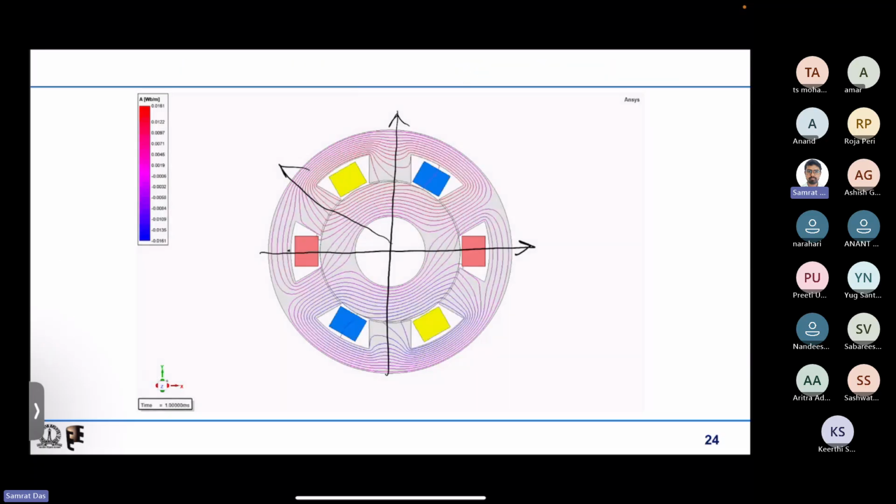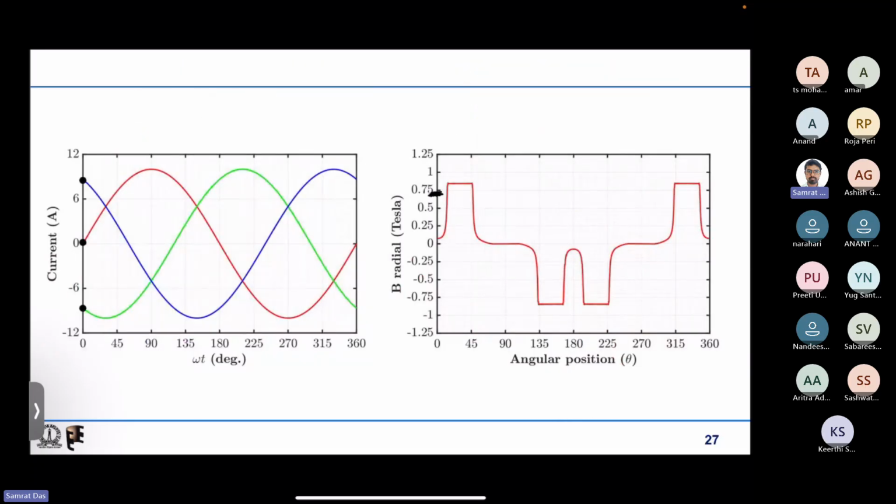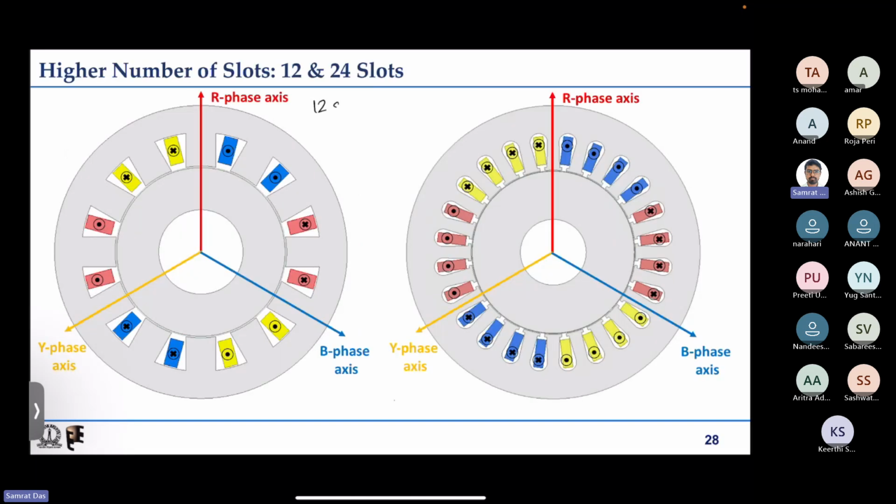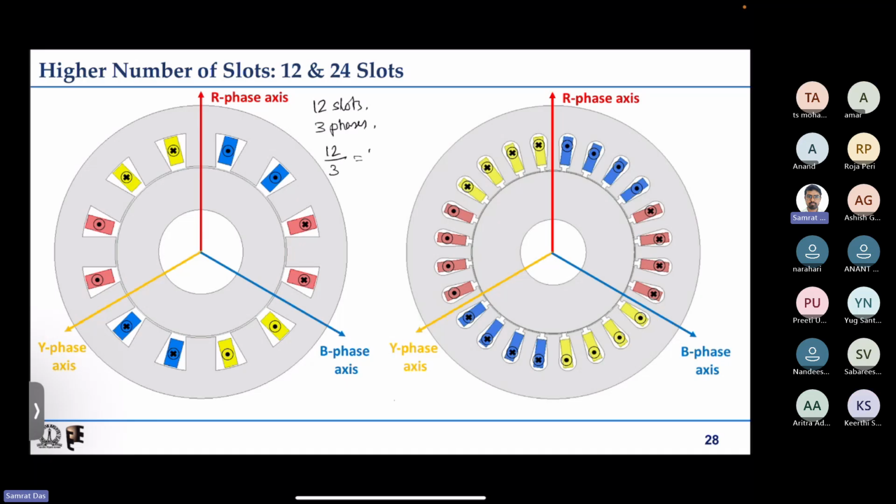Now instead of 6 slots, if we have 12 slots and still 3 phases, what is the number of slots per phase? 12 by 3 is equal to 4 slots per phase.